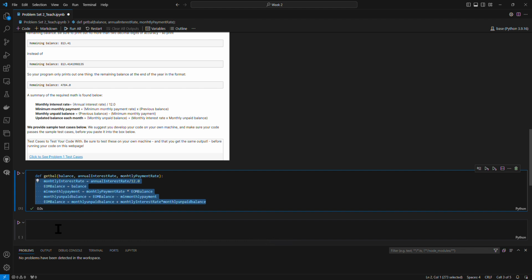How about doing it for many months? Well, how to do that? Do you know how to do that? Yes, we need to use a for loop to do that. That's one way to do it, not the only way.